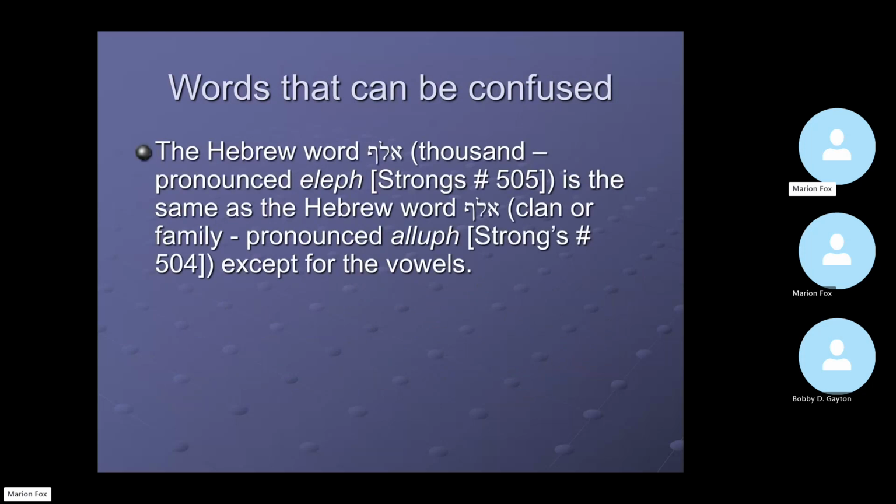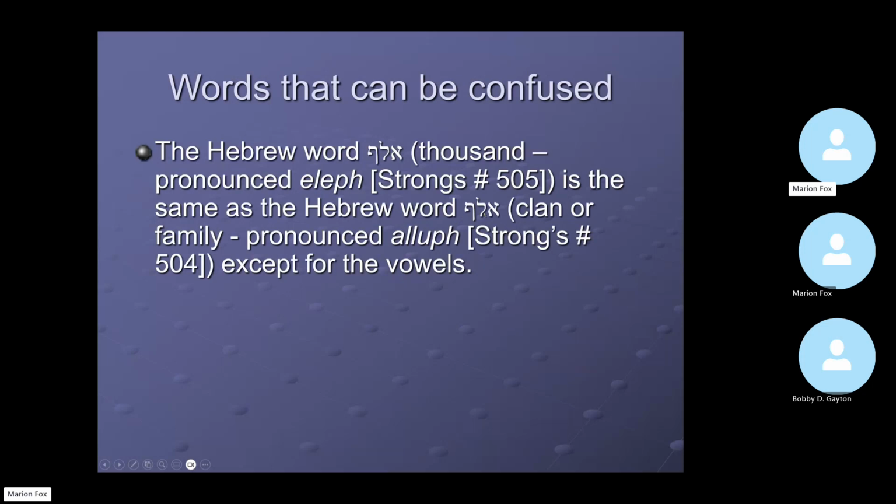The Hebrew word for 1,000, Aleph, and that's Strong's number 505, is the same as the Hebrew word for a clan or a family, Aleph. And so again, you read from right to left, and so you'd have those same three consonants. If you look at them, and I'll put my mouse over it, this up here is exactly the same as this.